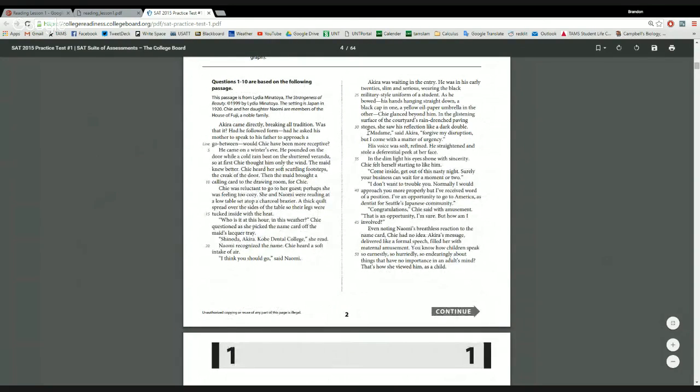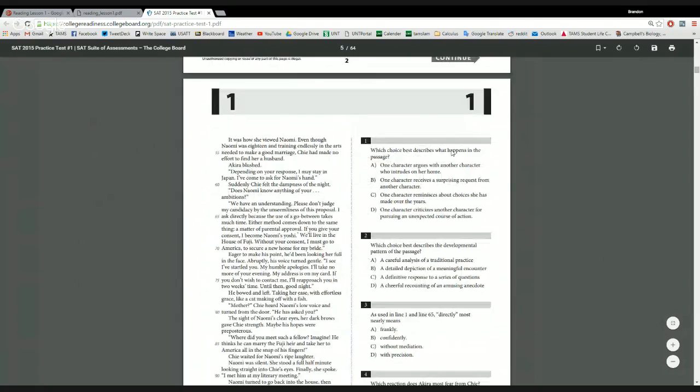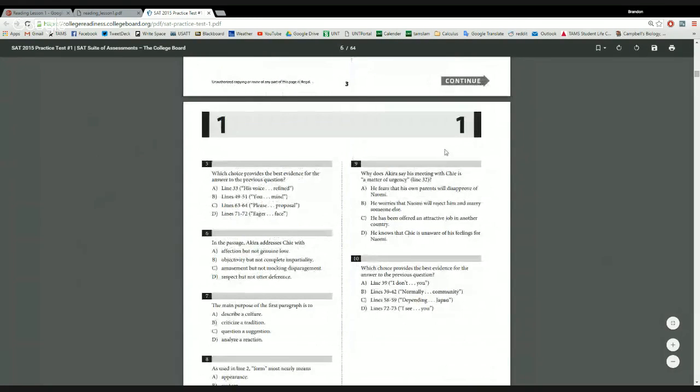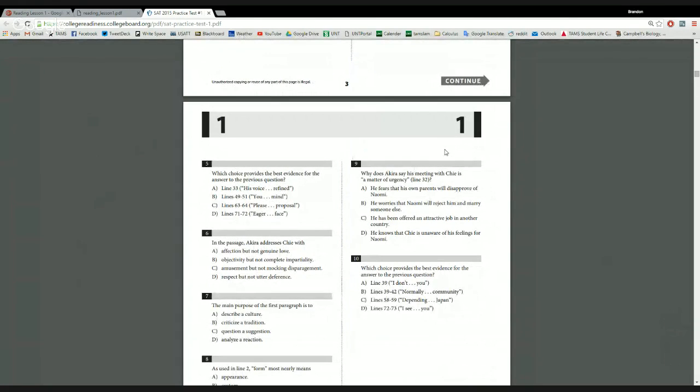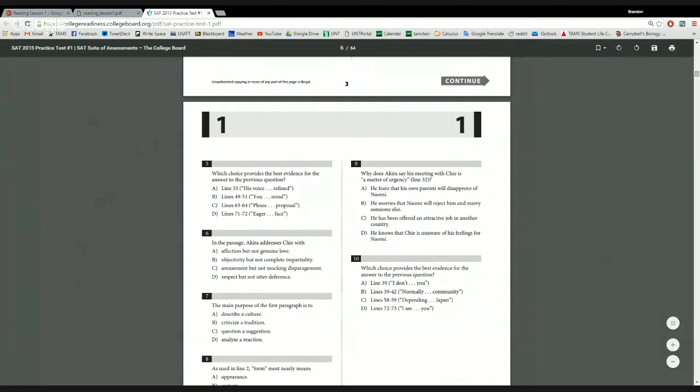We'll read it above. Madam says, Akira, forgive my disruption, but I come with a matter of urgency. His voice was soft, refined, he strained, and stole a deferential peek at her face. Now, given this interaction, you've already read around it, I assume. So for number 9, let's go see the answer choices.